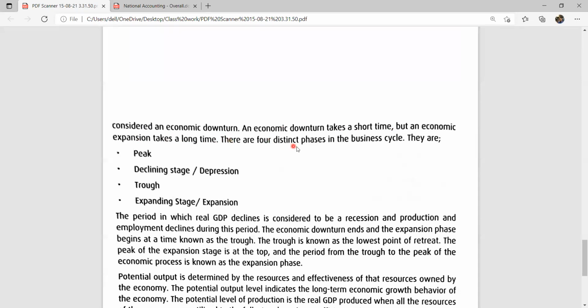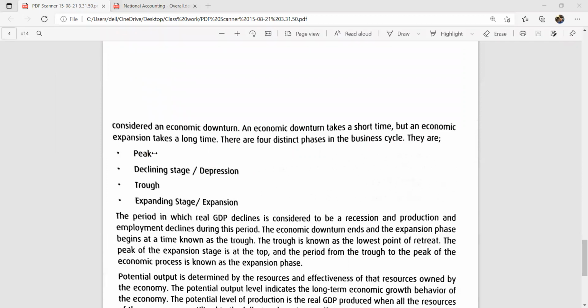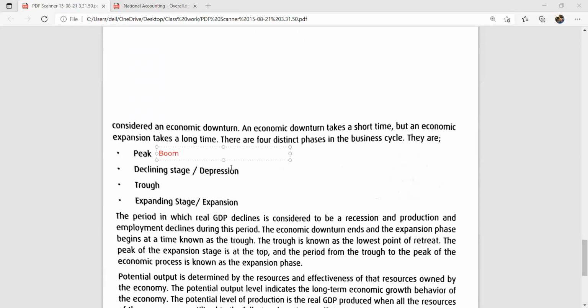So there are 4 distinct phases of the business cycle. They are peak, this is also called boom. The decline stage, depression, also we can say recession. Here trough, we can say slump.